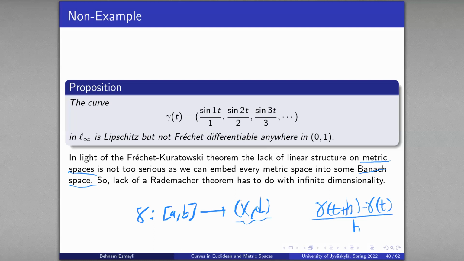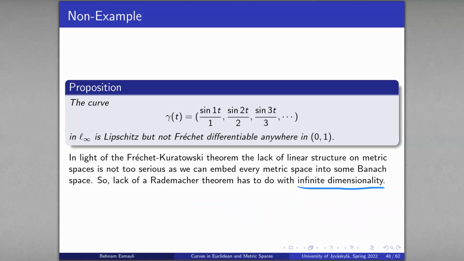In other words, after you embed it into the Banach space, say Y, with a linear structure, you can make sense of this quotient. So it's not about just whether you can write down the quotient or not. The problem of differentiability, the lack of the Rademacher theorem, has to do with infinite dimensions. And it's not simply because we don't have linear structure.